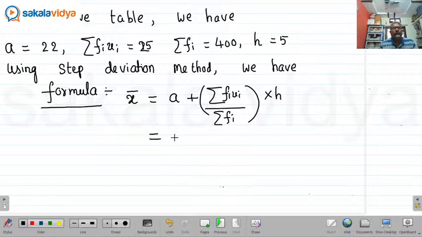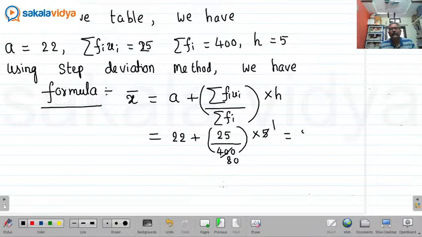Okay, this is equal to 22 plus, yes, sigma Fi Ui not 15 but 25, upon 400 times 5. 5 ones are 5, 5 eights are 40, so 80. You have 22 plus 25 by 80. Next 5 fives are 25, 5 sixteens are 80. So 22 plus 5 upon 16.